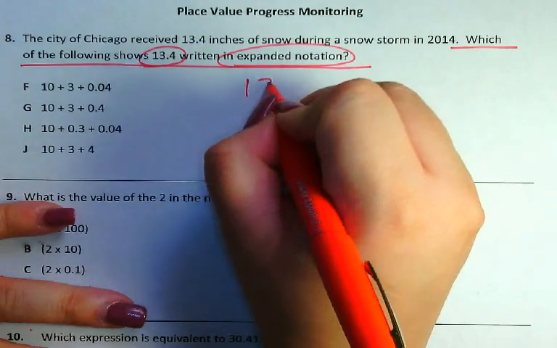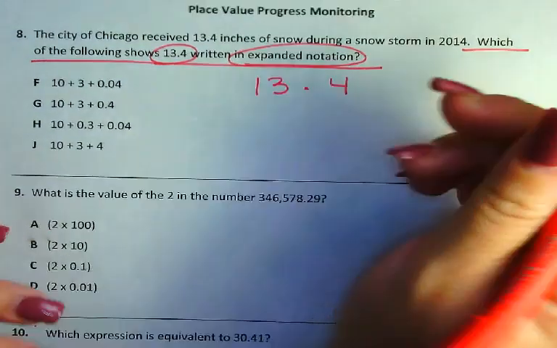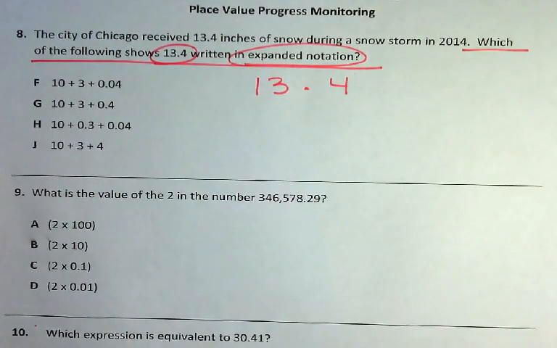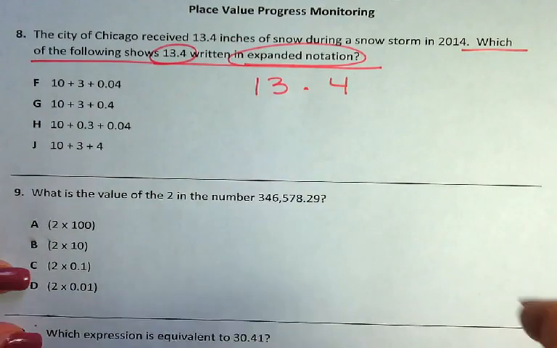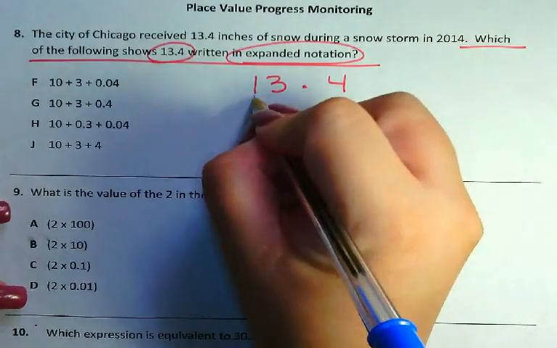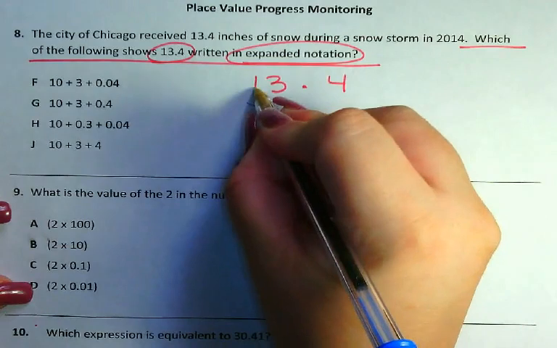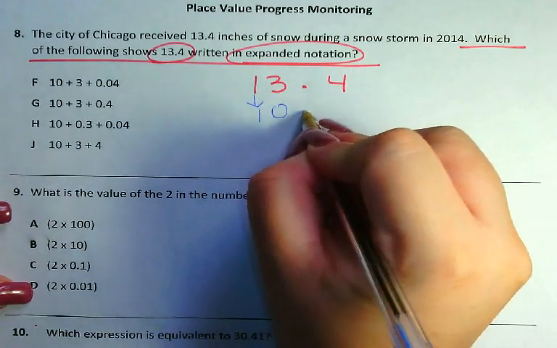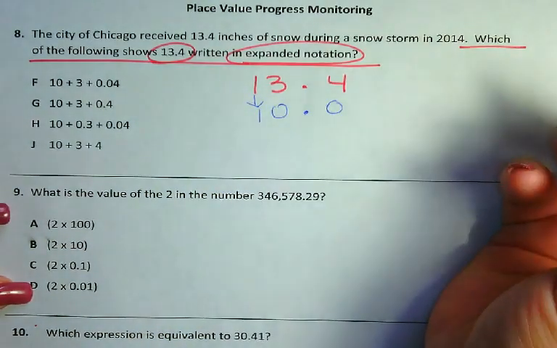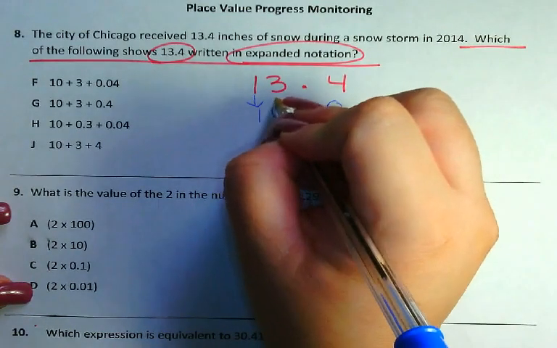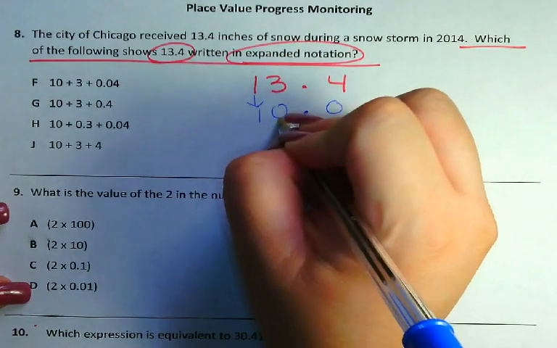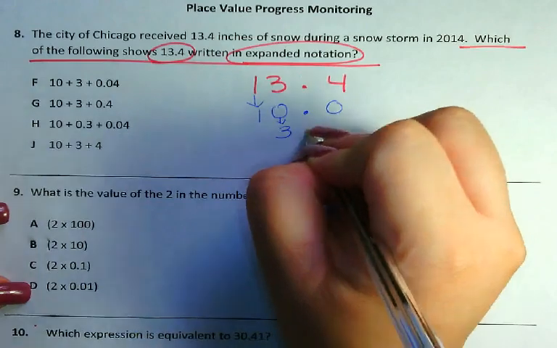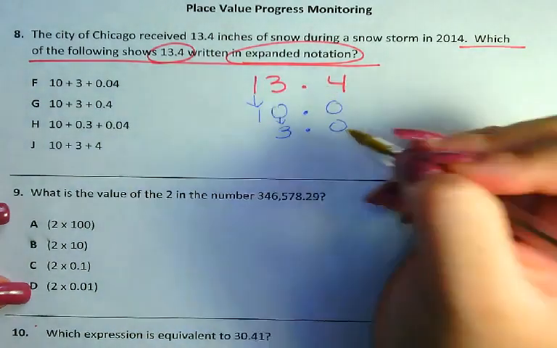Okay, so we do 13 and 4/10. Again, we get our values for each number. That is a 1 in the 10th place, so the value is a 10. The value of the 3, which is in the 1st place, so it's a 3.